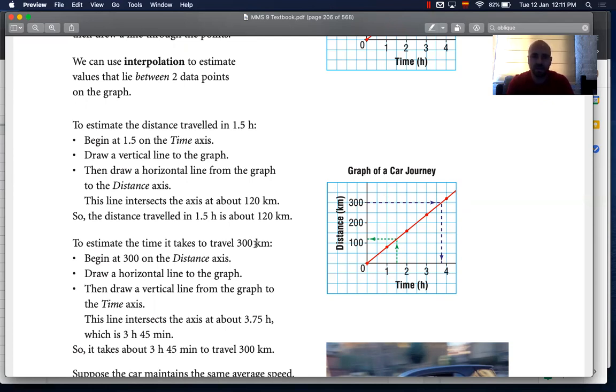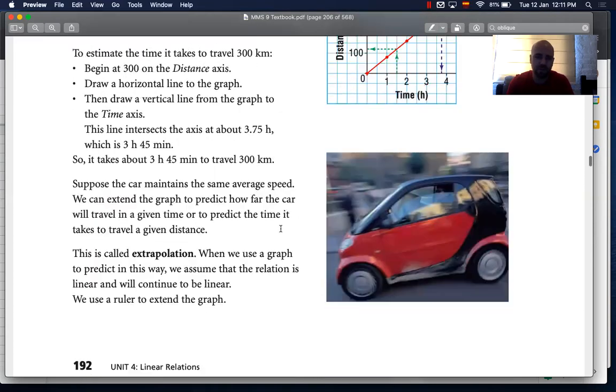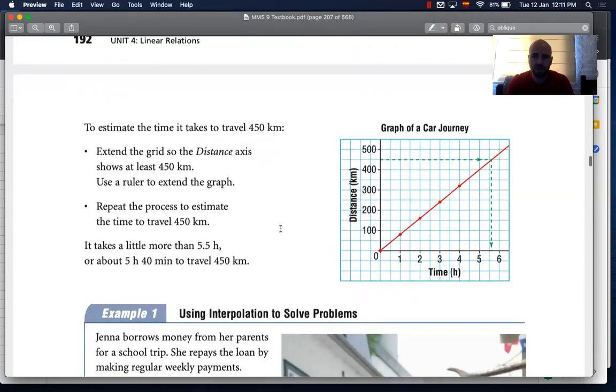They're extrapolating, which is a term you'll use to get information from a couple of points. Here we might say 3 hours and 45 minutes, or 3.75 hours, because it would be in between 3 and 4.